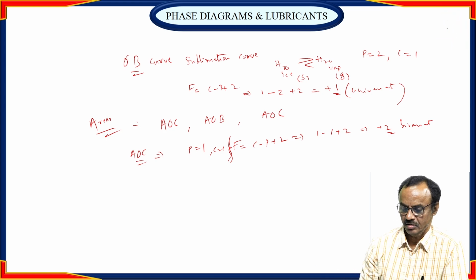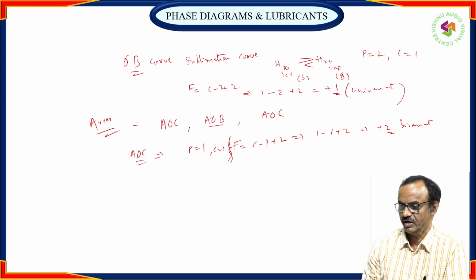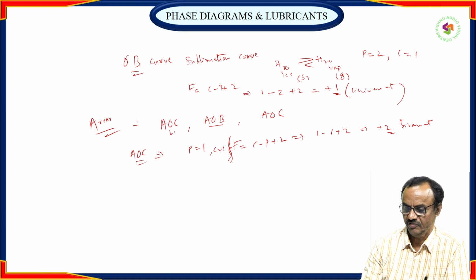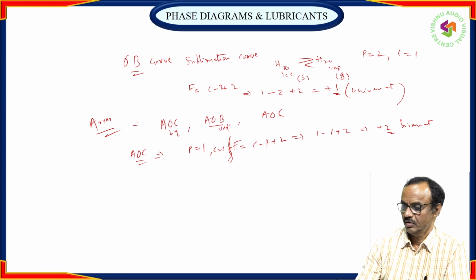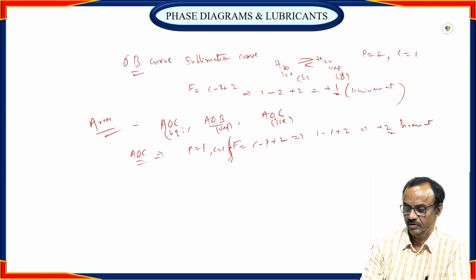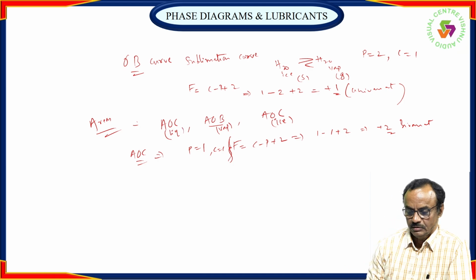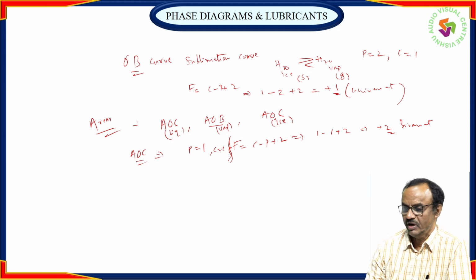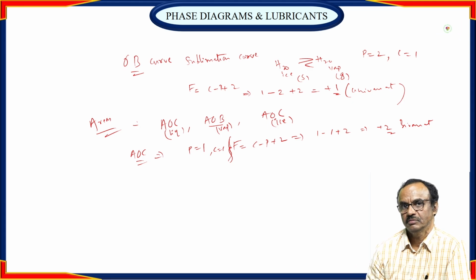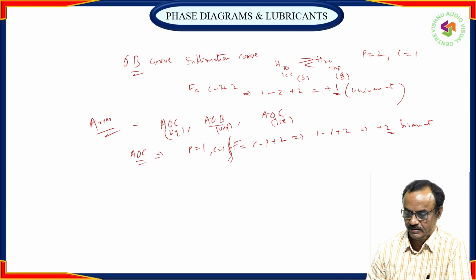So for all three areas it is the same. This is only one phase, the liquid phase. This is only one phase, AOB, the vapor phase, vapor of ice and vapor of water. This is only the solid ice phase. So for all areas, degrees of freedom is 2, bivariant. Both are variable: if either temperature or pressure changes, the phase state also changes, right?